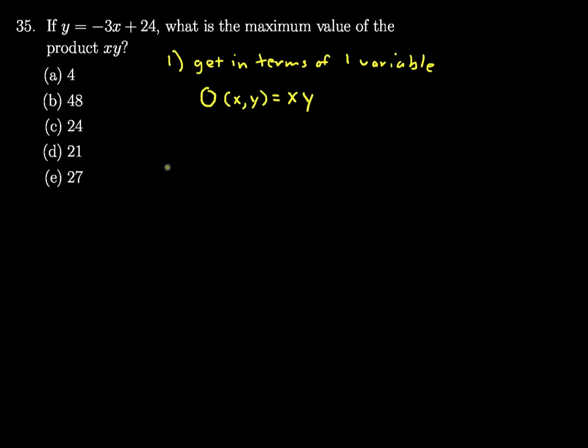Once I get it in terms of one variable, the second step, so I'm leaving some space here to do that, is to use critical points to find the max. We can do that with the calculator as well, but we won't even need to go to the calculator.